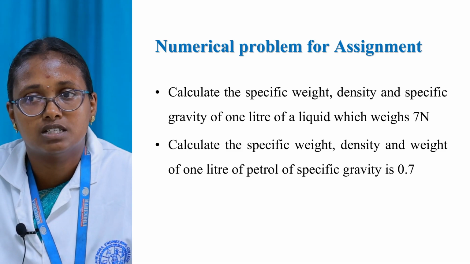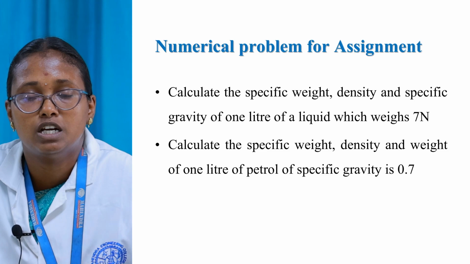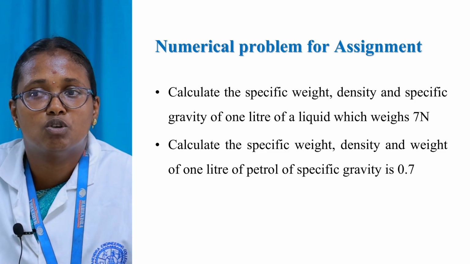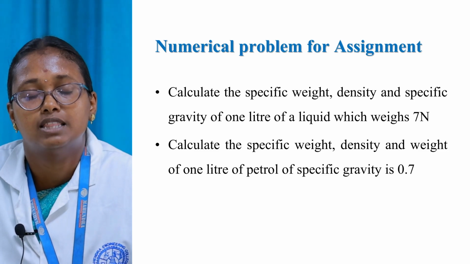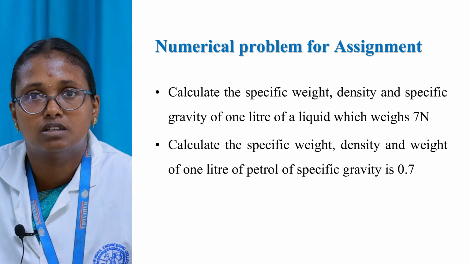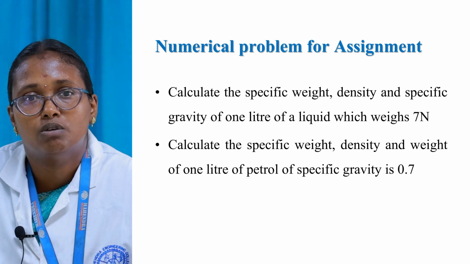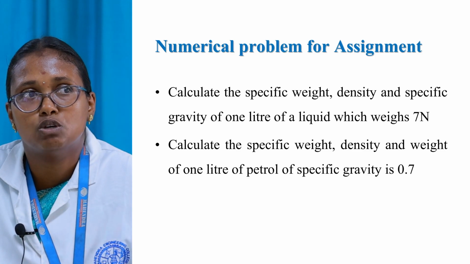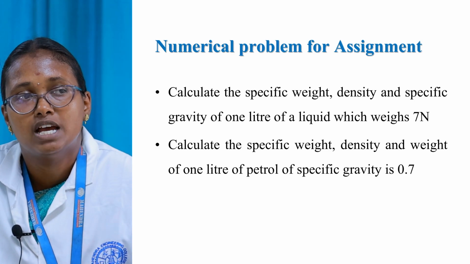Convert this 1 liter into meter cube: we know that 1 liter is equal to 1 by 1000 meter cube. By using this, we can find the value of weight density. Then by using weight density, we can find the specific gravity.